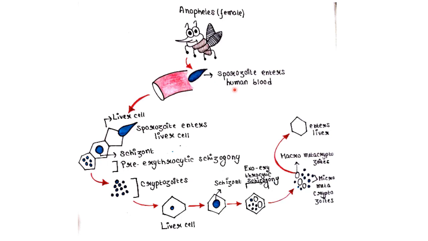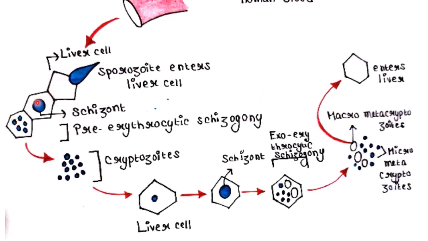And what do they do? They enter the liver. In the liver cells, these sporozoites start to grow. So these are different liver cells in the liver and the sporozoite is growing inside the liver cell. And they grow into a large and round form like this. And this form is called schizont. Then the schizont starts to multiply by the process called multiple fission.